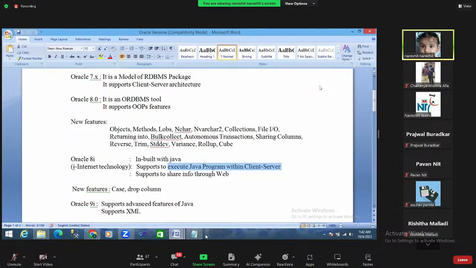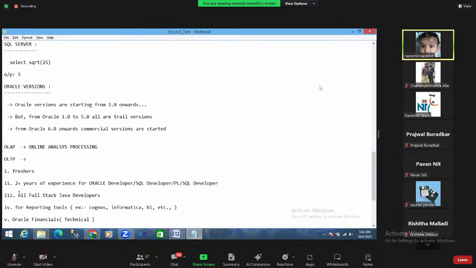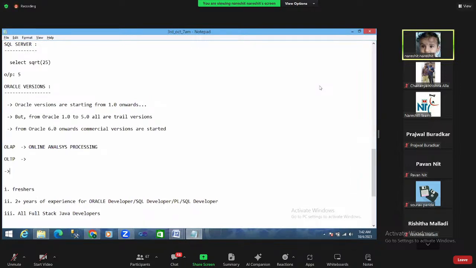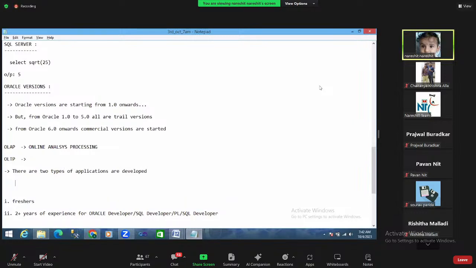Generally in real time, there are two types of applications developed. One is the Windows application. Second one is the web application.